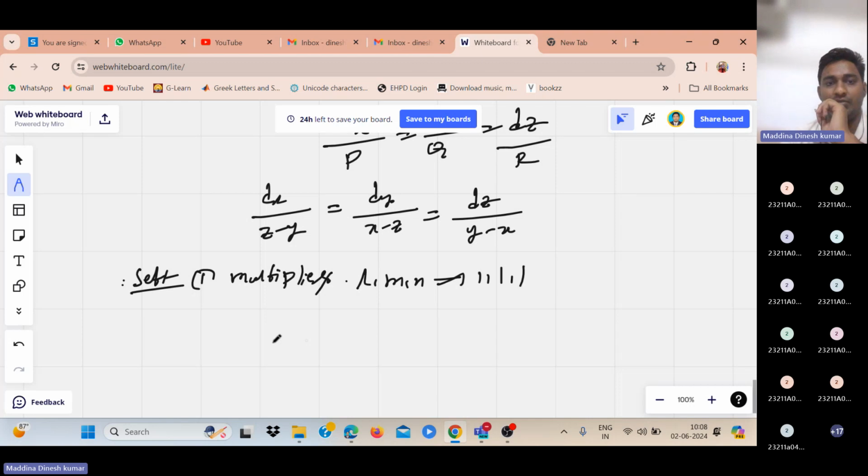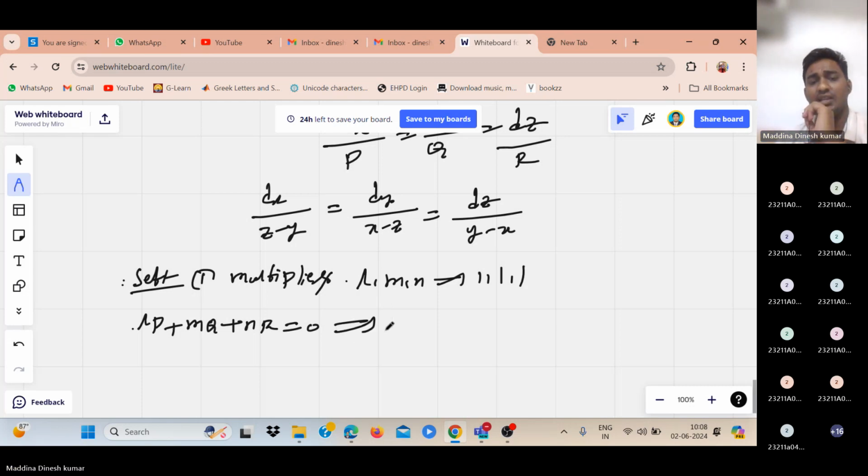How I chose this: LP plus MQ plus NR needs to be equal to 0. See here, if I solve LP plus MQ plus NR, it will be equal to 0. So only that type of terms we need to consider as multipliers.